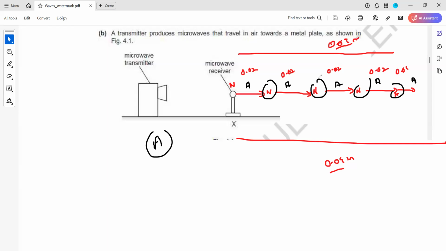But after moving a distance, excluding the first one, we detected antinode, then node, antinode, then node, antinode, then node, antinode, node, and then we moved a distance of 0.09. We stopped at an antinode. We will not record a node after that because the detector stopped here. Is it clear, this question?